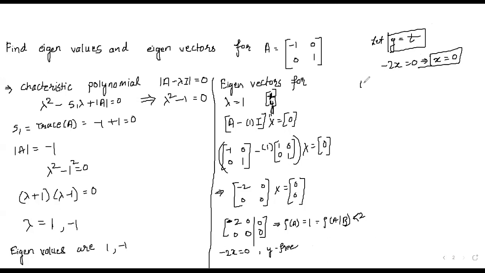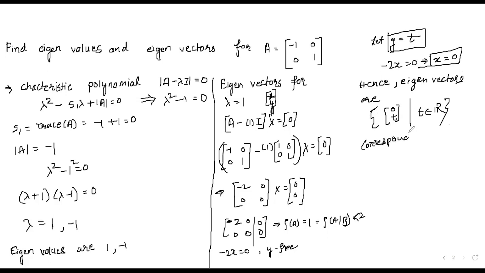Hence, the eigenvectors are (0, t), where t belongs to the set of real numbers, corresponding to lambda equal to 1.